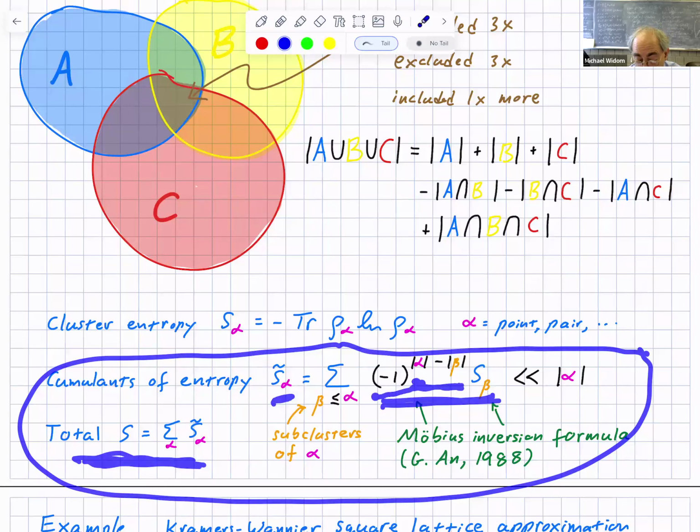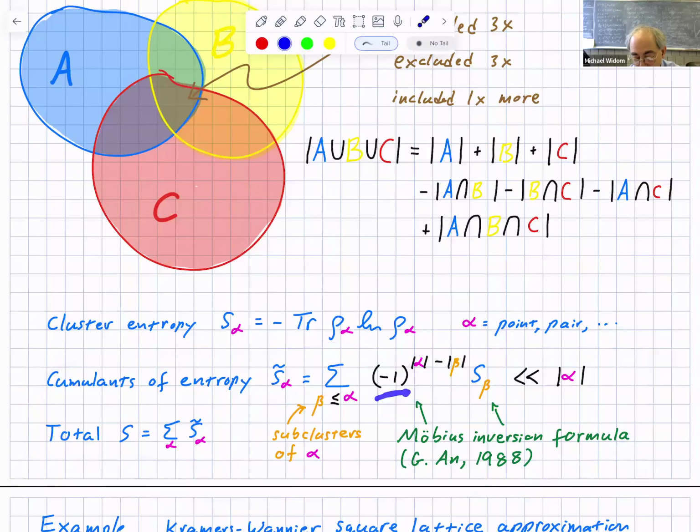So we want this factor -1 to the +1, like a point is 1 point smaller than a pair, but a point is 2 points smaller than a triangle. So if we have the cluster alpha being a triangle and the subclusters being points, well, then we'd better add that term back in. And so here we are adding it back in because we have -1 to the power 2.